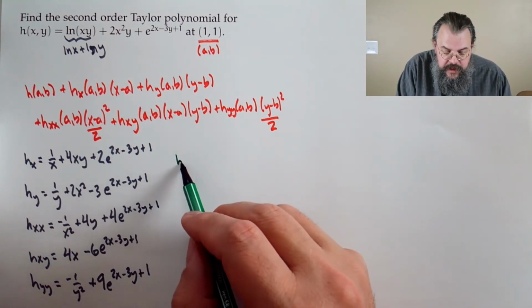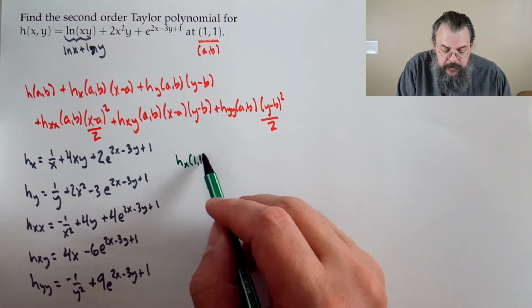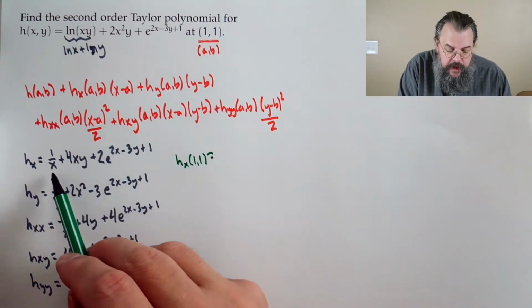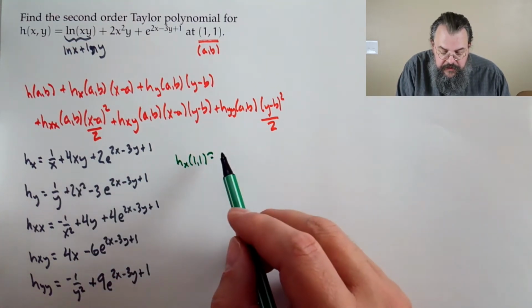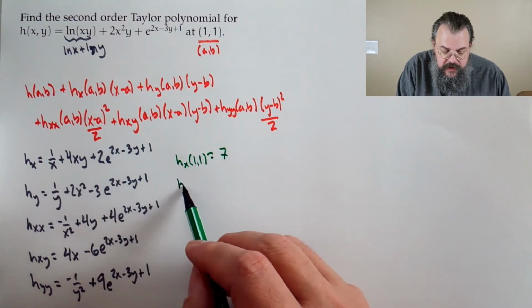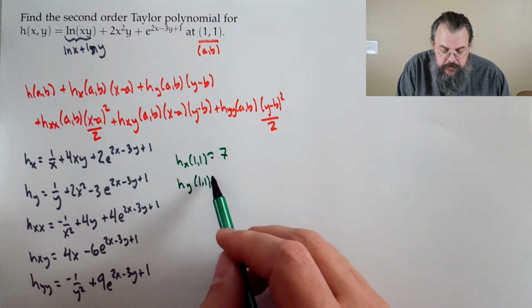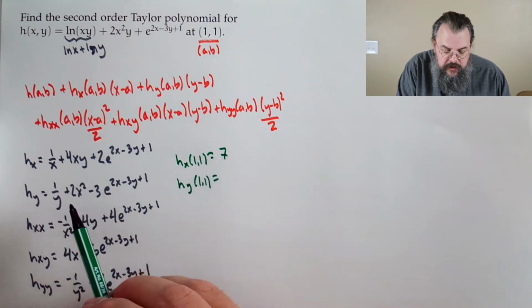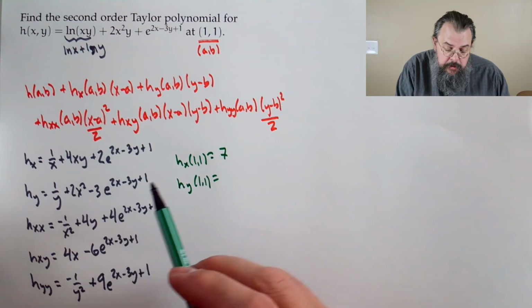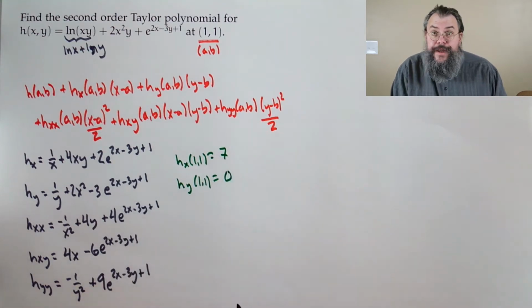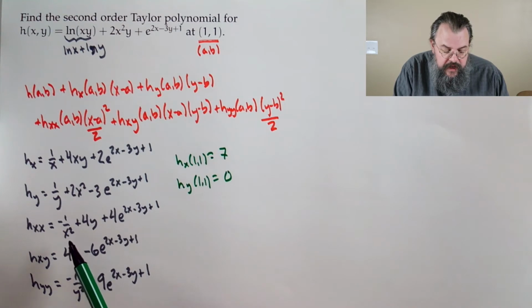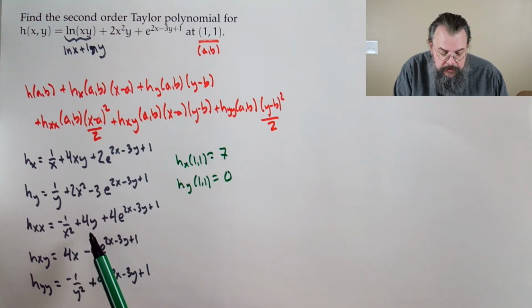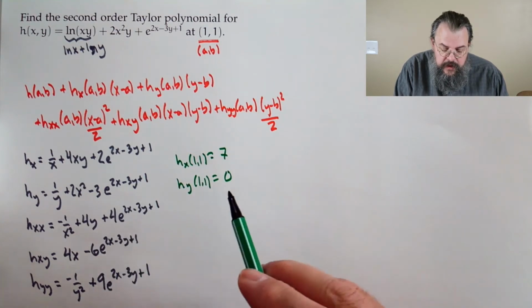h_x at (1, 1). Okay, that's 1 plus 4 plus 2, 7. h_y at (1, 1). 1 plus 2 minus 3, 0. It's okay to get zeros, no problem. h_xx, minus 1 plus 4 plus 4, 7.